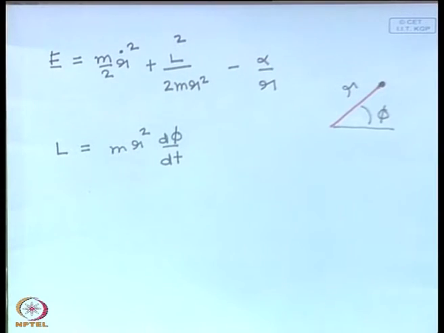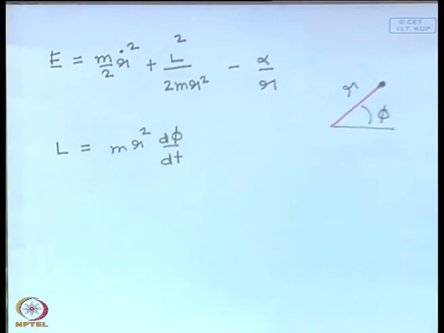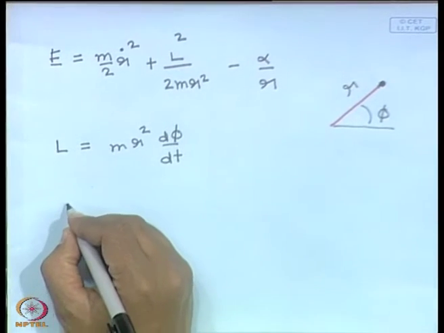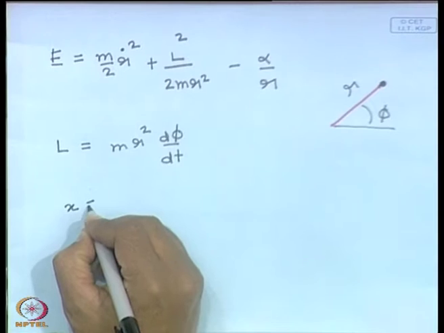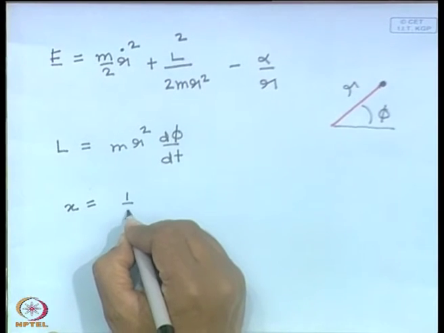We proceed, as I had outlined in the last class, by eliminating time from this whole thing, and it is also convenient to introduce x, which is 1 by r.